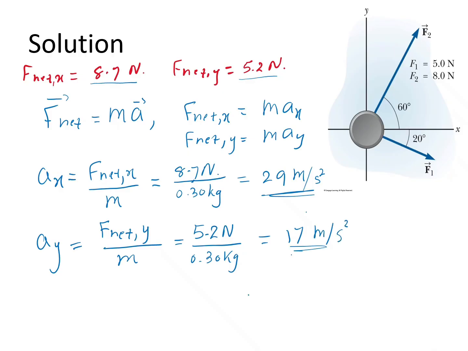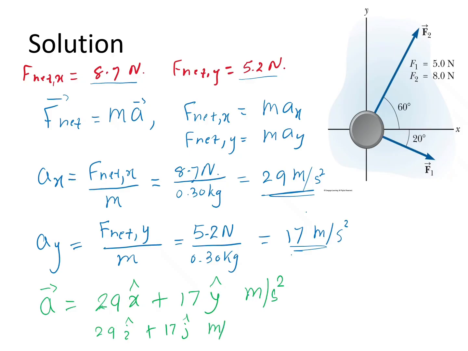Now you can indicate this as a vector. The acceleration vector is equal to 29 x hat plus 17 y hat meters per second squared, or you can write this as 29 i hat plus 17 j hat meters per second squared, depending on the notation you are using.